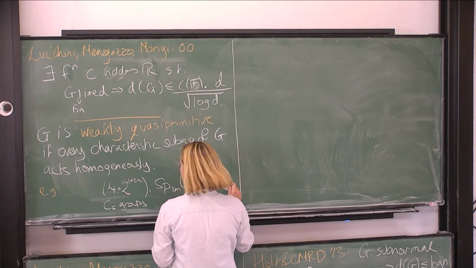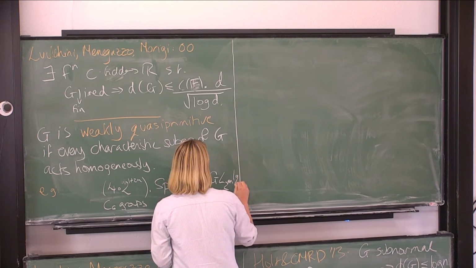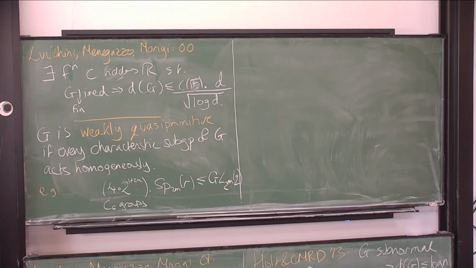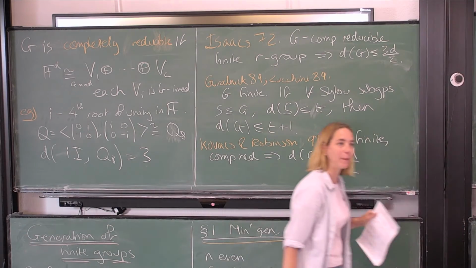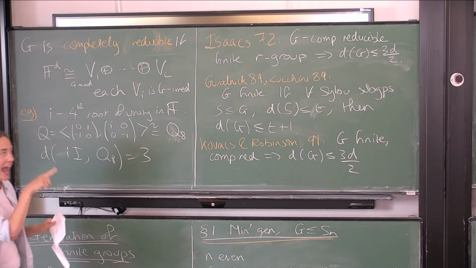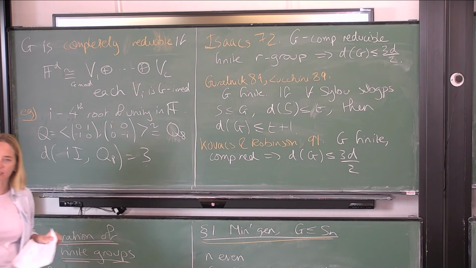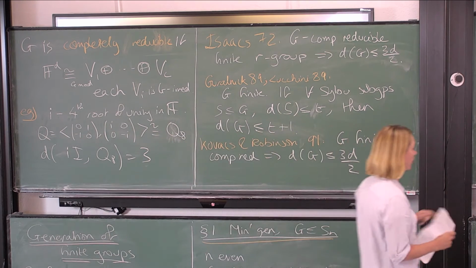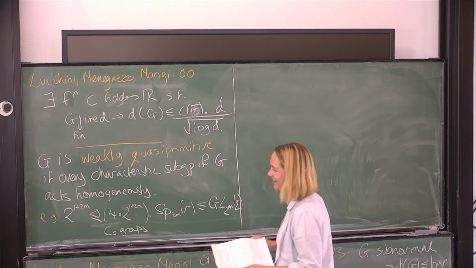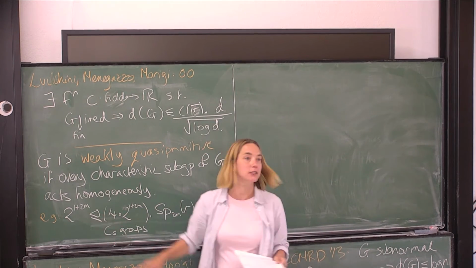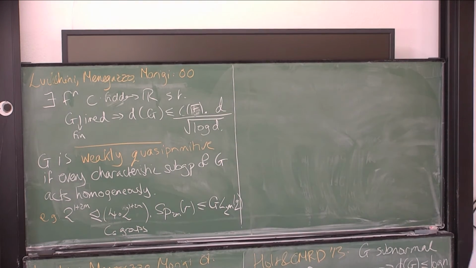And it will sit inside GL(2^m, q) for various values of q. It's got a very obvious normal subgroup, which looks like 2 to the 1 plus 2m. So this was my group N that I was waving my hands about in lecture 1. This is my minimal normal subgroup, and it's acting irreducibly. Well, quotient out by the centre and you get a vector space, and I can count generators.